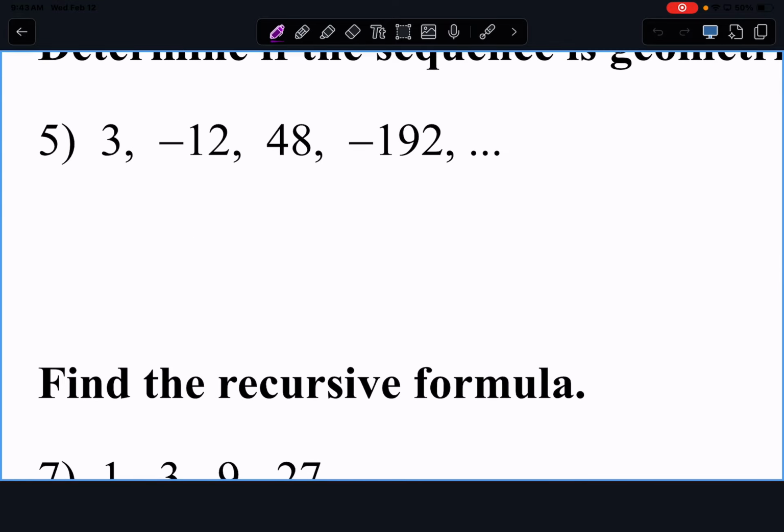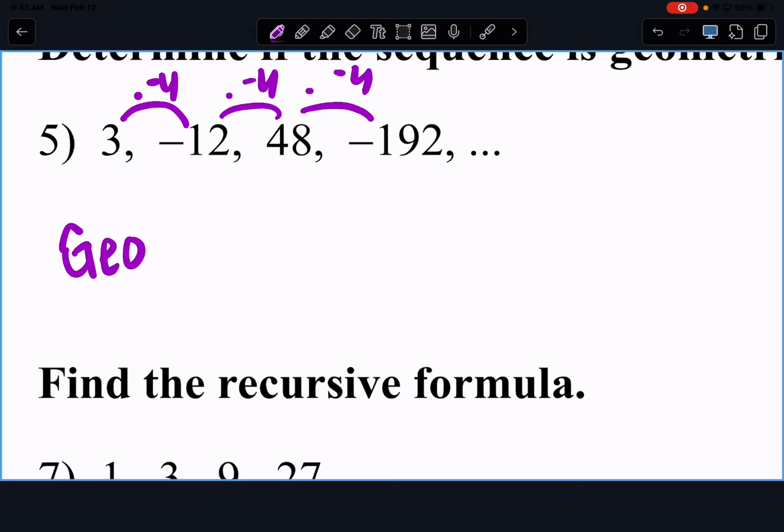What's the common ratio? Times -4. Geometric. As long as you are multiplying it by something, it can be a fraction, it can be negative, it can be positive, it can be whatever.